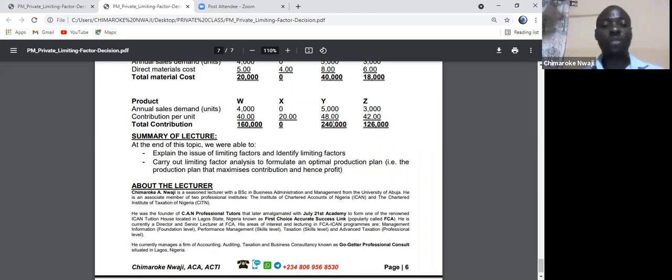You saw the tables that we use there, and when you are checking your contribution, please use the actual contribution per unit and not the contribution per limiting factor. If you remember these 6 steps so clearly, then you are good to go in this topic.